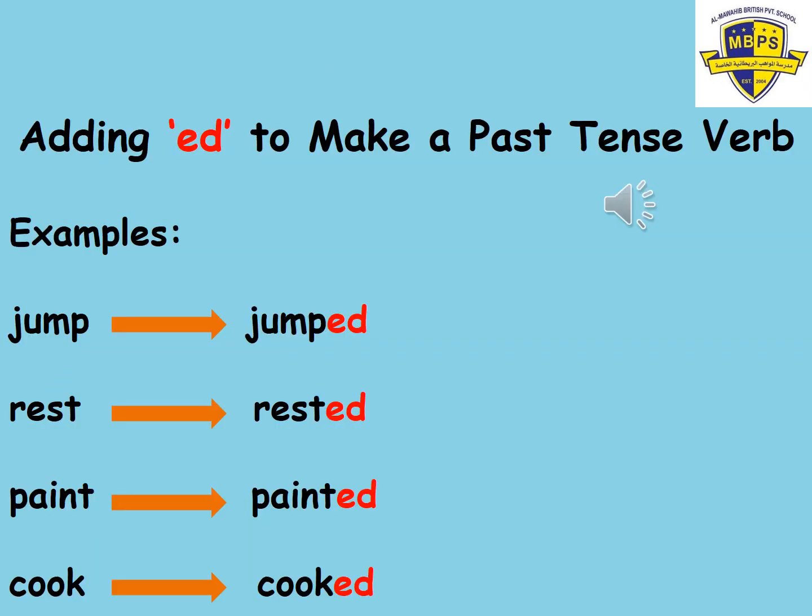Okay, as I told you, KG2, if we want to change the verb from the present tense to the past tense, what are we going to do? Yes, we will add an ed to the root or to the verb to change it from the present tense to the past tense.